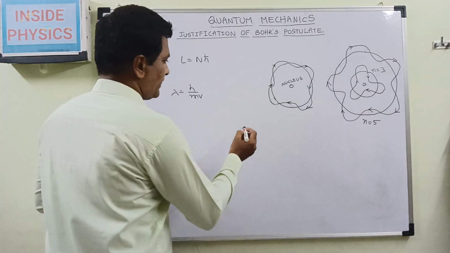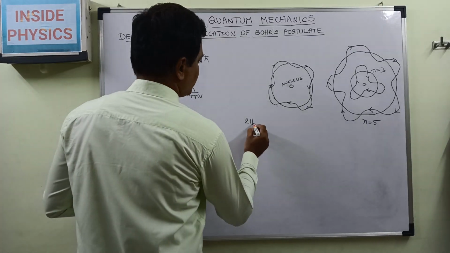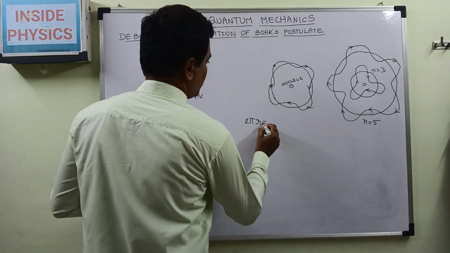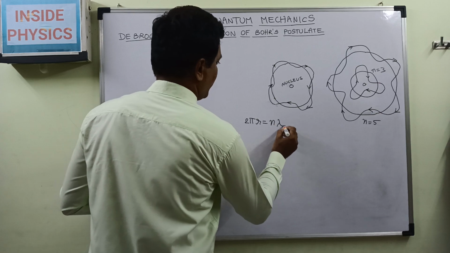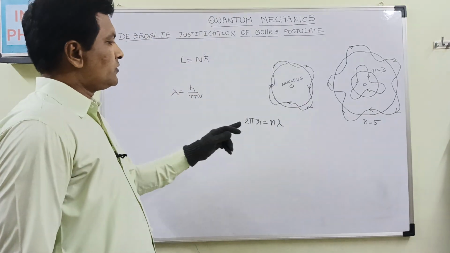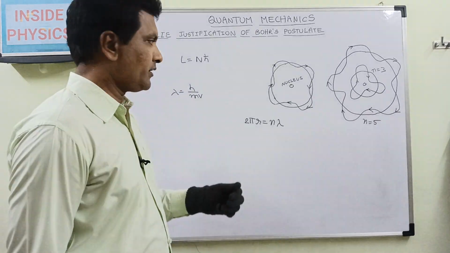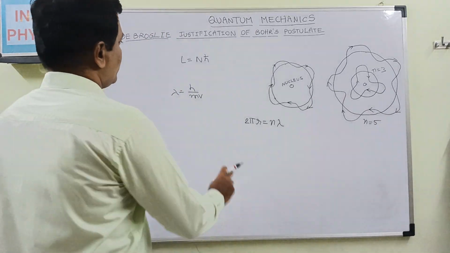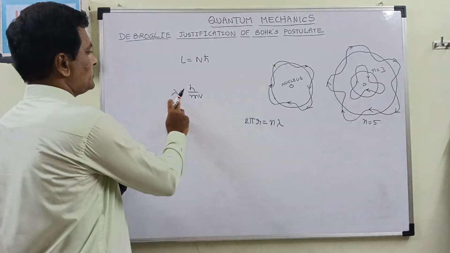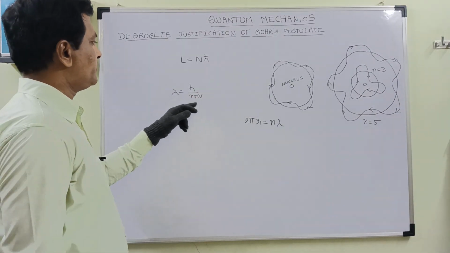So we can write the circumference of the circle, 2 pi r, is equal to n lambda. The perimeter is equal to integral multiples of the wavelength of the electron. We know by the de Broglie hypothesis that lambda is equal to h by mv.